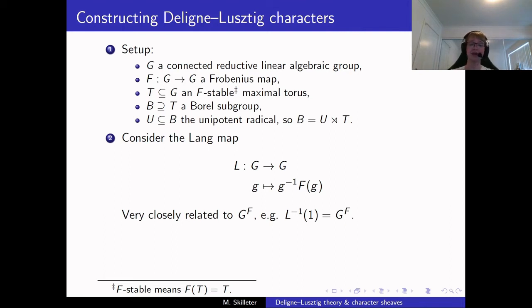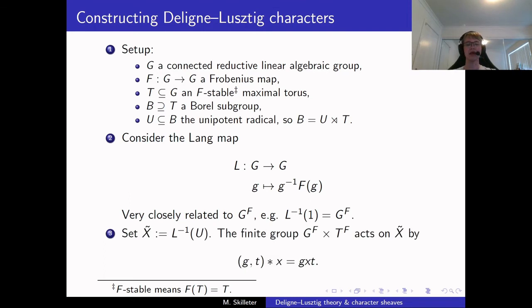For example, the preimage of 1 is just elements g such that F(g) equals g. So the preimage of 1 is exactly G^F. The variety we're going to act on is the preimage of the unipotent radical U under this Lang map, which I've denoted X tilde. The finite group G^F cross T^F acts on X tilde by left multiplication by elements of G^F and right multiplication by elements of T^F.